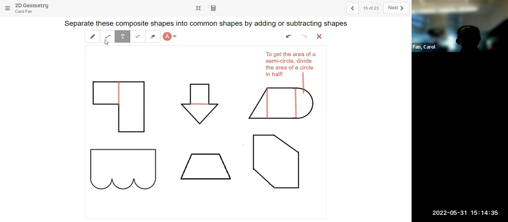Okay, this funny looking shape, we could cut it off here. So we've got 3 semicircles and a rectangle.